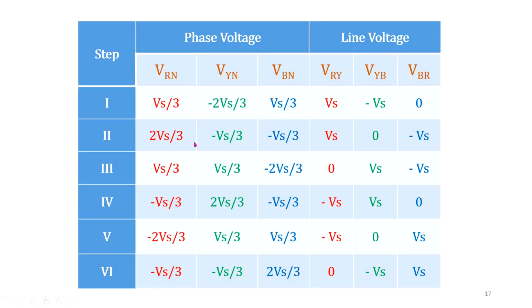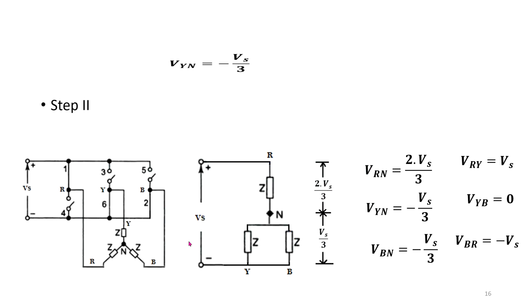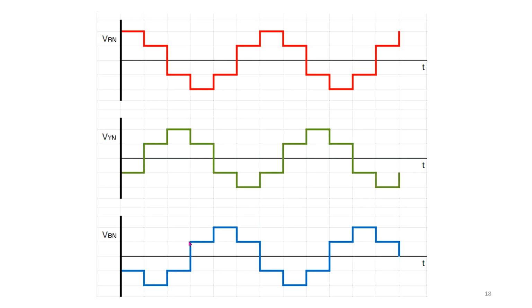If we compute the output phase voltages for each sequence of conduction for T1, T2, T3, T4, T5, T6, you will have a similar scenario. We have just taken 2 steps as examples and go ahead.